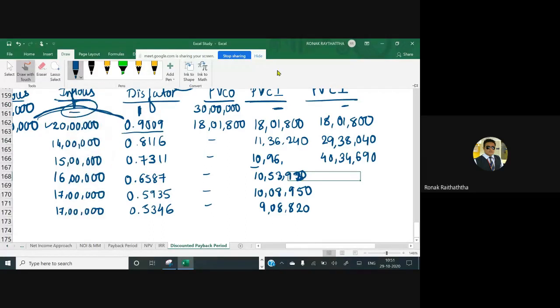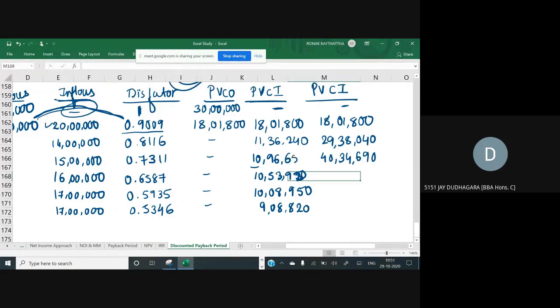How much was it? 650, right? Yes, sir. Okay. Now you will add this present value over here in 43,4,690. So you get the cumulative up to year number 4.